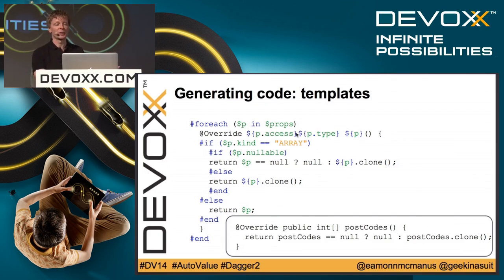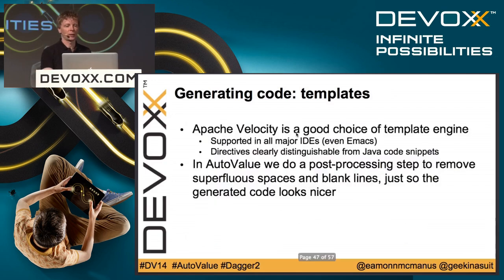Right, I mean, $P is in green and equals is in black. That immediately shows you which is which. I do have to say, though, that if you care about what the generated code looks like, you're probably going to need a post-processing step because you get a lot of extra blank lines and spaces. So that's what I do in AutoValue.